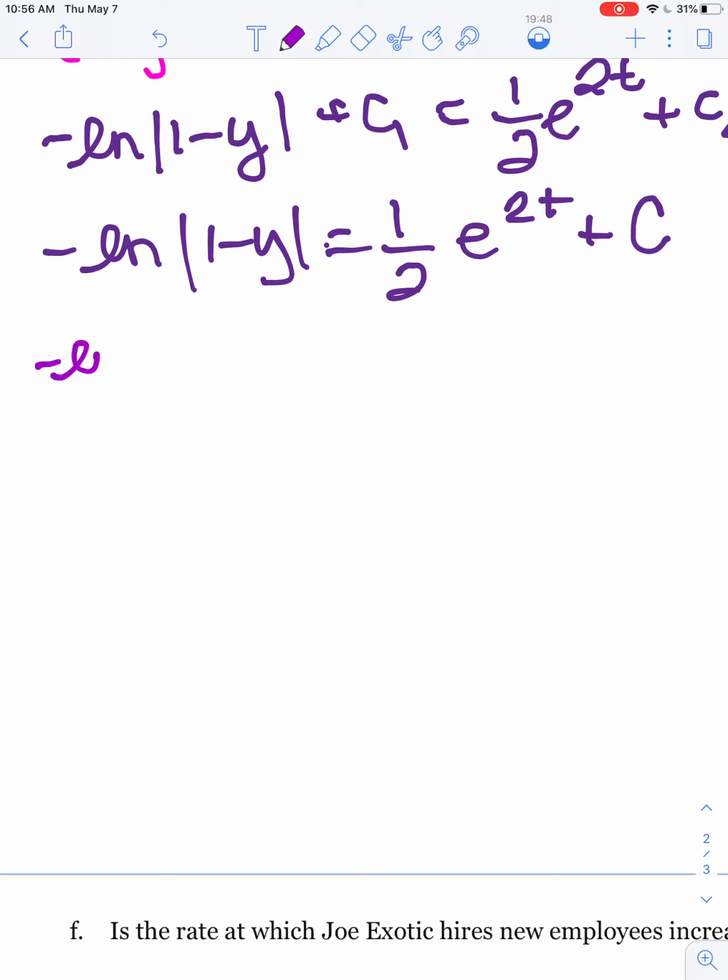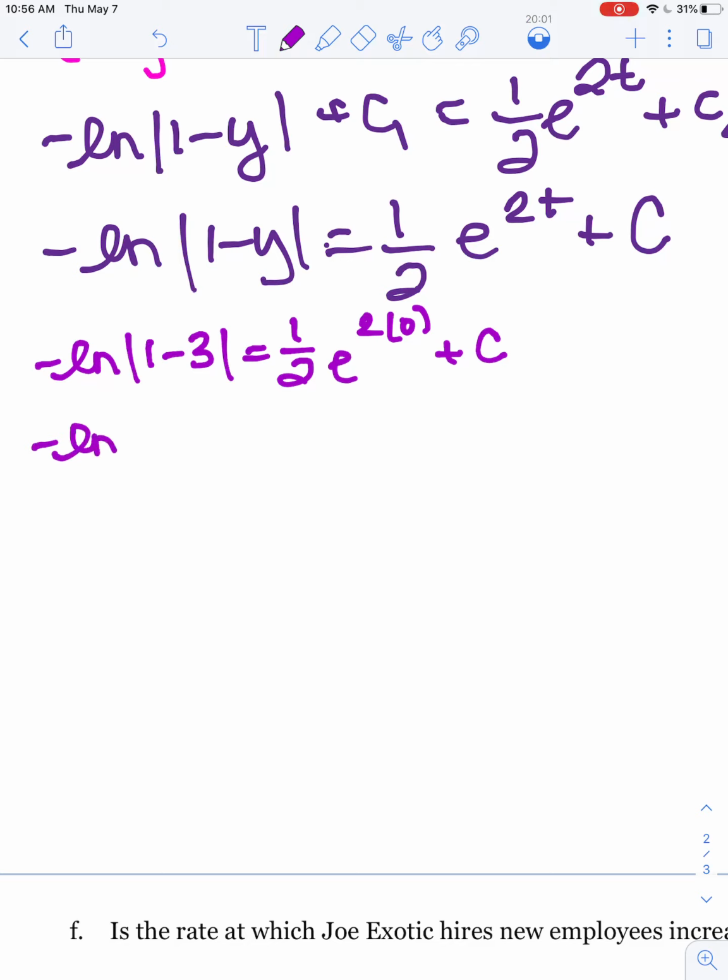So that will give me negative natural log of 1 minus 3 equals 1/2 e to the 2 times 0 plus c. Okay, this will be negative natural log of the absolute value of negative 2 is equal to just 1/2. I know that it's just 1/2 because this exponent on e becomes 0, and anything to the 0th power is just 1.